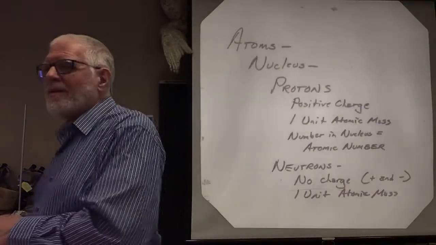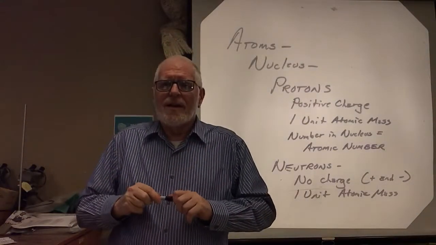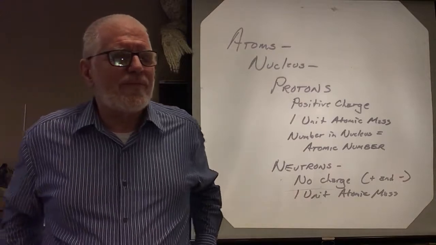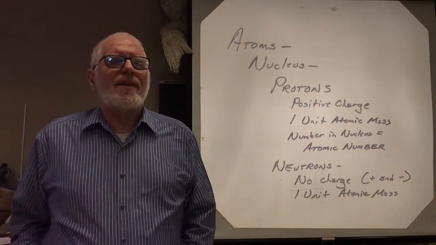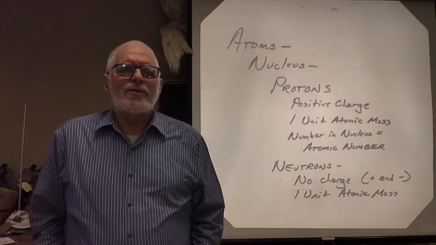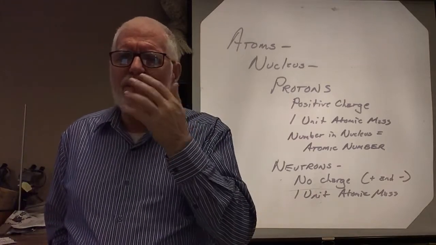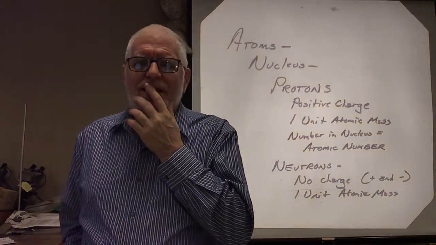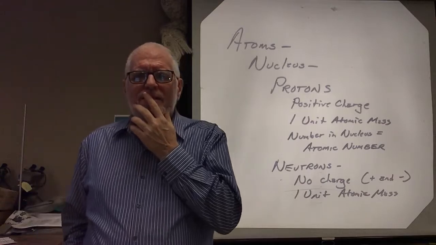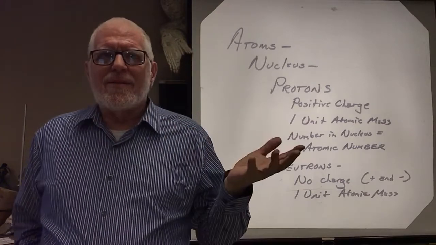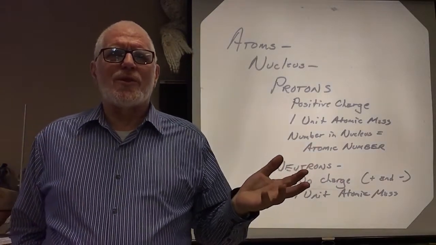Now, I have to admit, I'm confused in terms of what neutrons are. I have learned under other circumstances, you go, well, if you can break a proton up, what's it supposed to have in it? It's supposed to have a neutron and a positron.